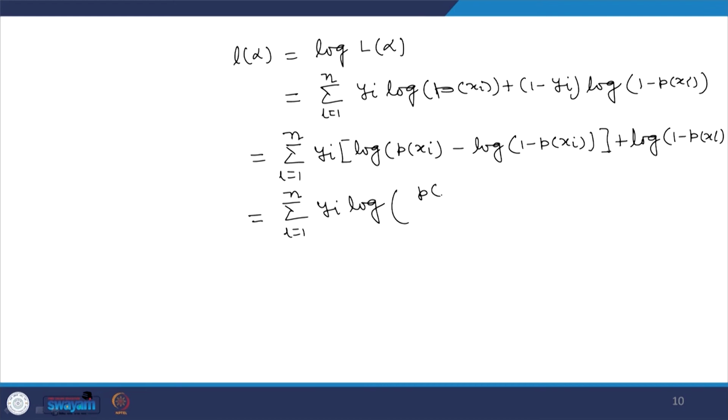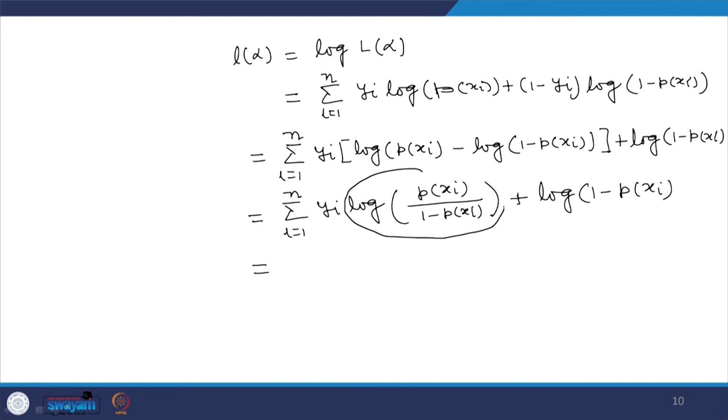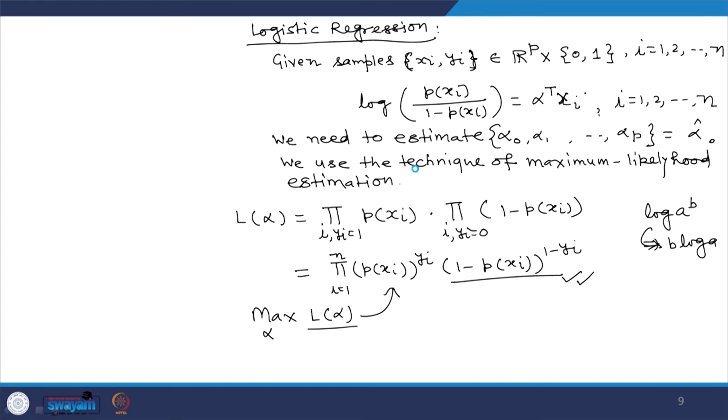So, p(x_i) upon 1 minus p(x_i), and what is this? This is the log odds of p(x_i), plus this term log 1 minus p(x_i). And this particular term, if you see the previous slide, is equal to alpha transpose x_i.